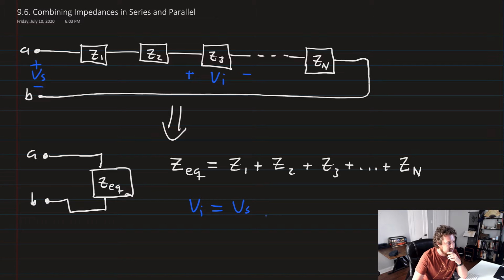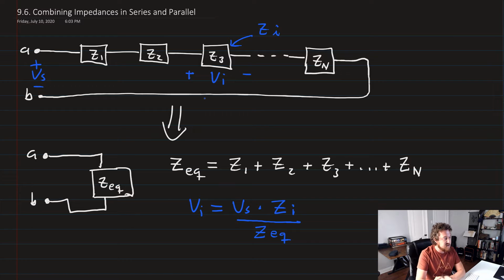It's Vs times the impedance you're looking at, Z sub I, over the equivalent impedance, Z EQ. That's all there is to combining impedances in series and doing the voltage divider. As we see, phasors make it super easy. We basically just treat everything the way we treated resistors.